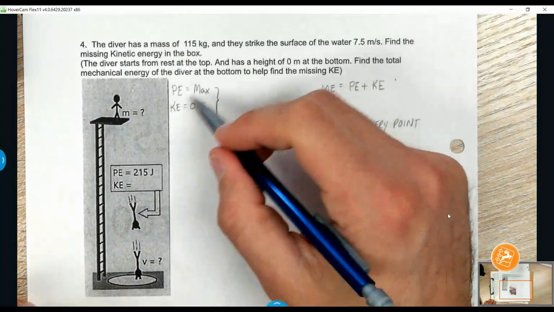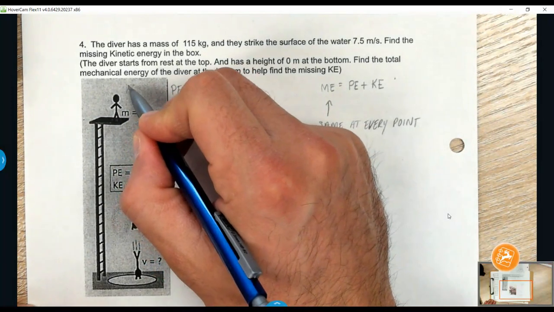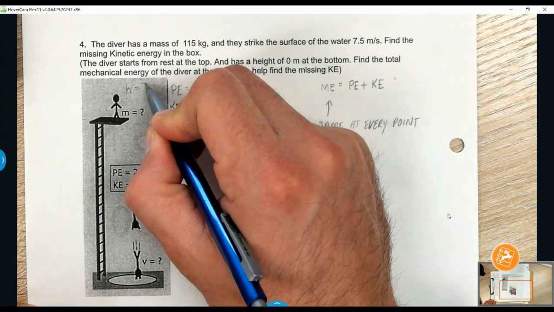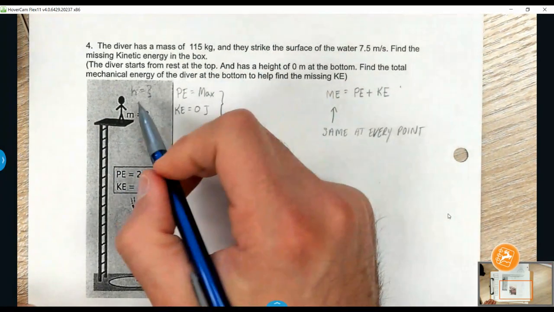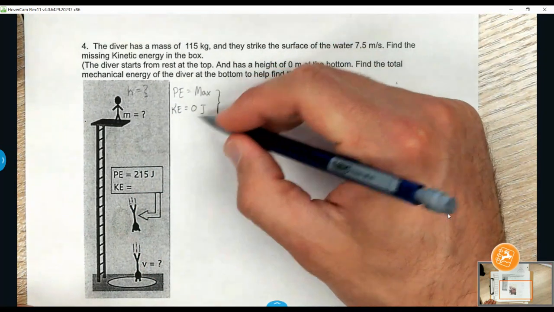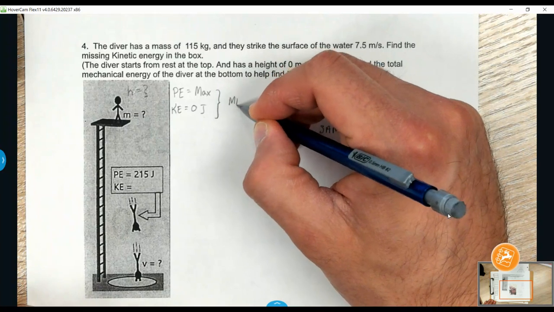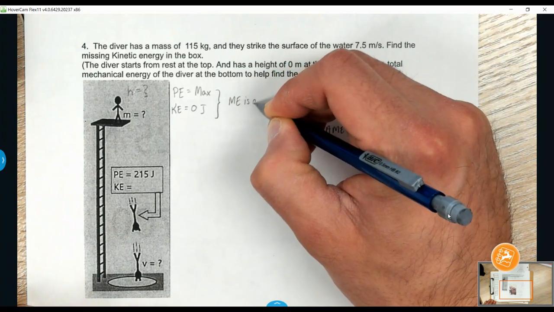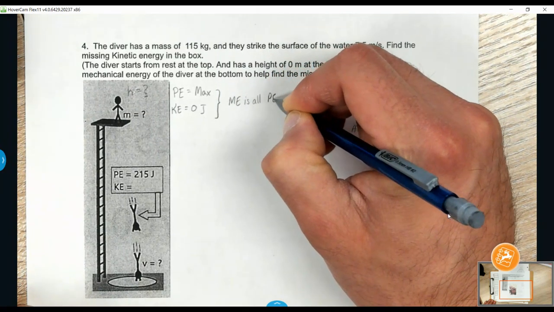But we don't know what the height is, so we can't do this. Just understand the concept that at the very top, the mechanical energy is all potential.